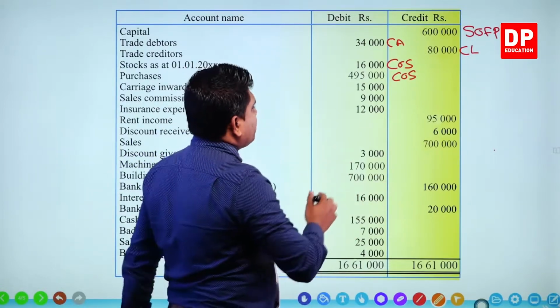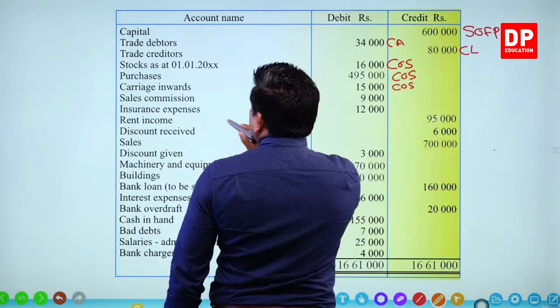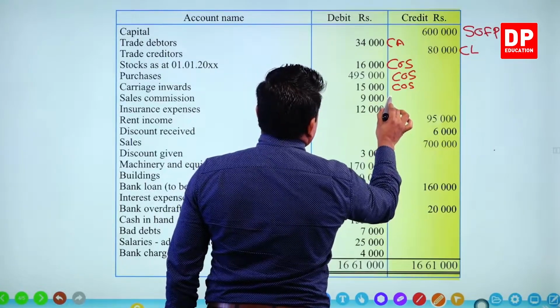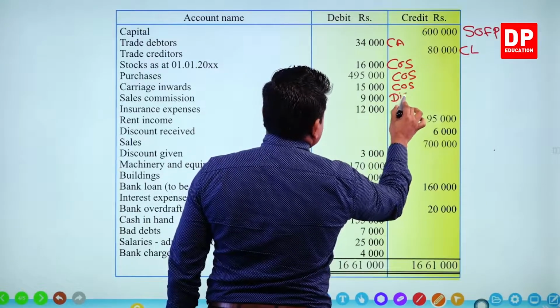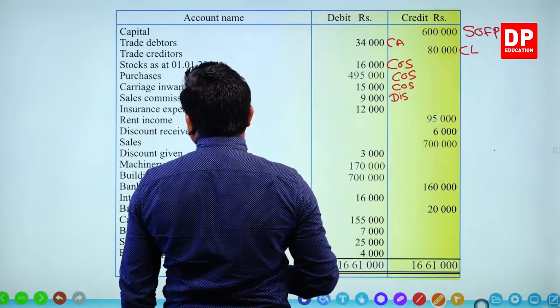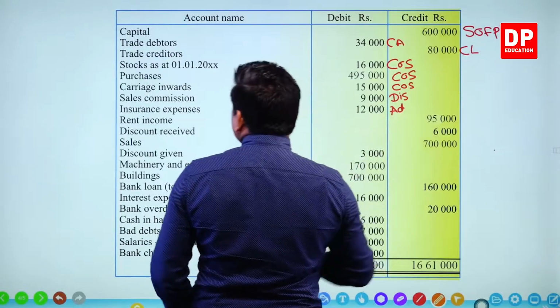You have to add this 15,000 to the cost of sales. Okay. Then sales commission in the debit side, so expense, distributing expense, DIS. Then sales commission, distributing expense. Insurance expense, where administration. Okay.